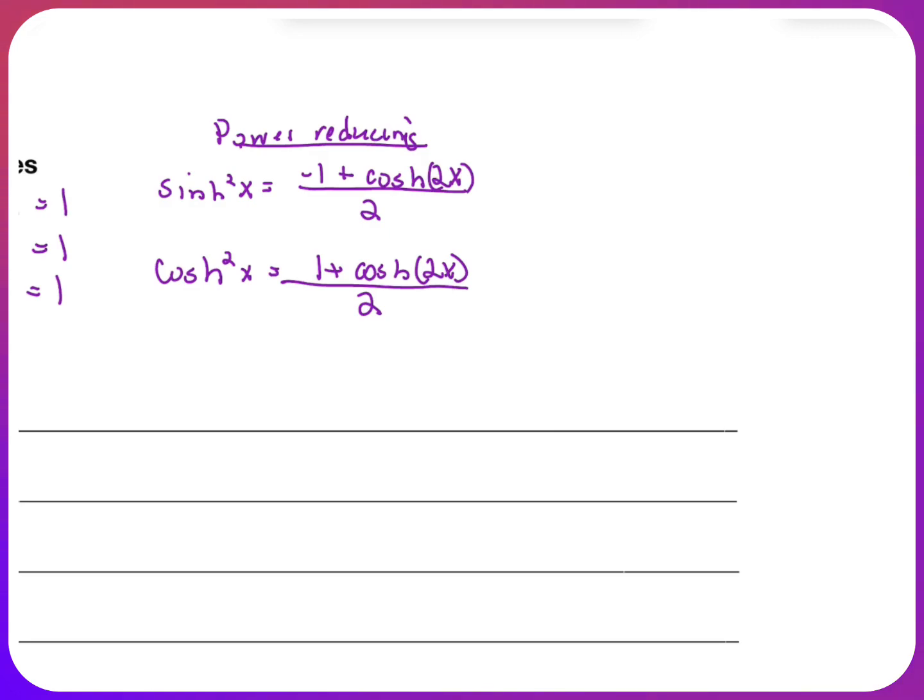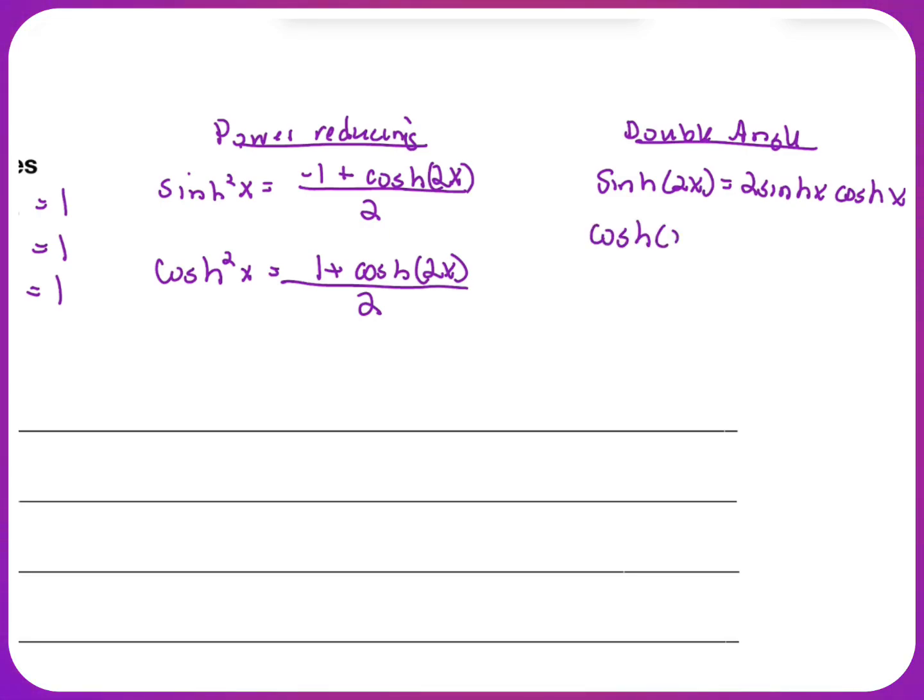The only ones that we're going to focus on are our double angle formulas for hyperbolic sine and hyperbolic cosine. So the hyperbolic sine of 2x is equal to 2 times the hyperbolic sine function times the hyperbolic cosine function. And the hyperbolic cosine of 2x is equal to the hyperbolic cosine squared plus the hyperbolic sine squared.